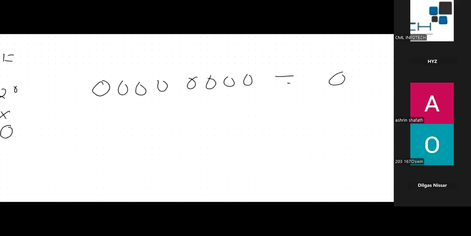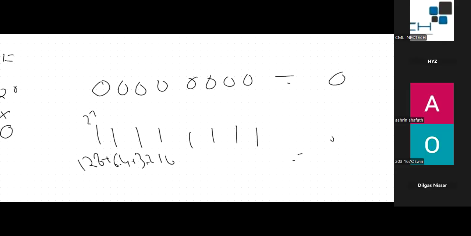All the 1s are added: 2 raised to 7, which is 128, then 64, then 32, then 16, then 8, 4, 2, 1. Adding all of them gives 255. That's why an IP address octet ranges from 0 to 255.